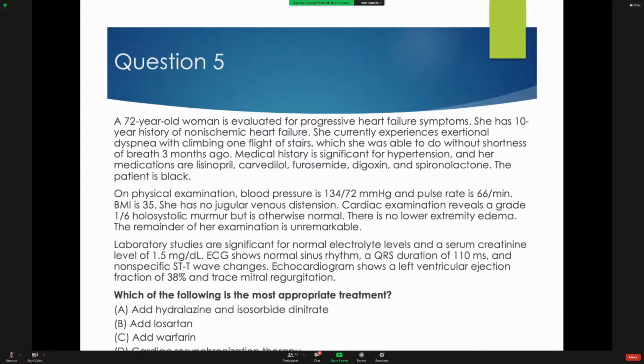Not like what is the heart failure management and ACE inhibitors, no, because you are now in fourth year of medical school, so you should have some clinical scenarios.